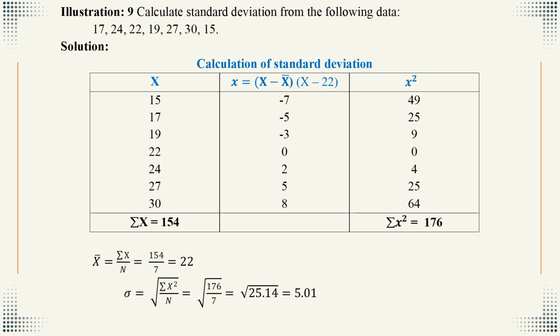Here the total of the small x square should be taken, that is sigma x square equal to 166, the total of the third column. Here small sigma equal to square root of sigma x square by n, that is square root of 176 by 7, which gives a value of 5.01.